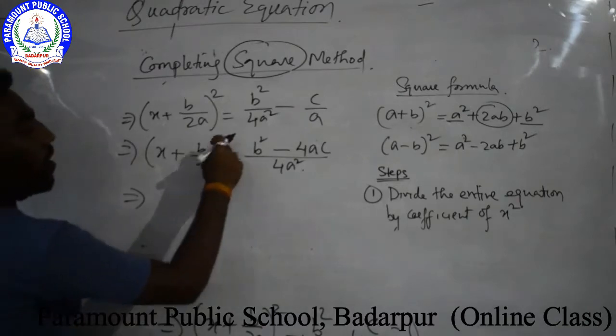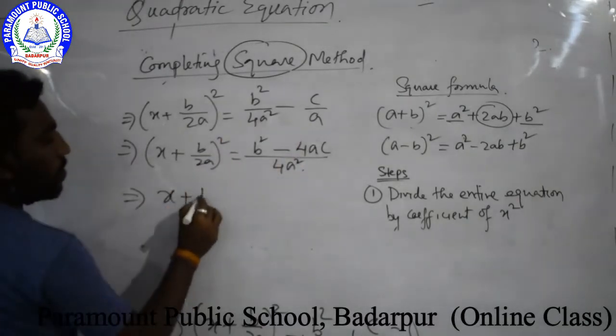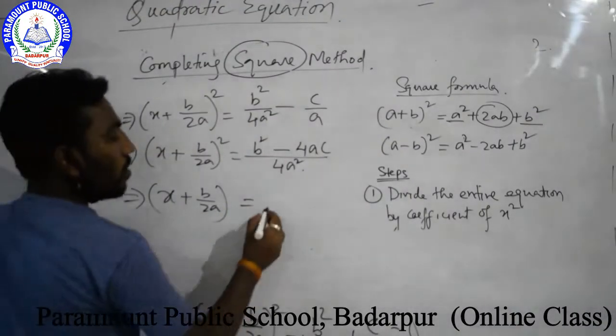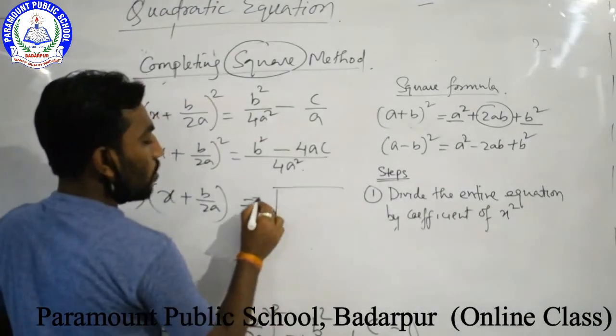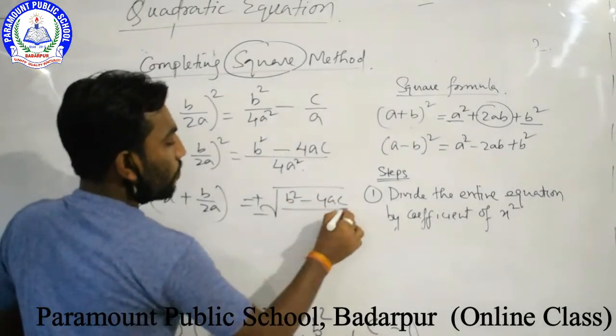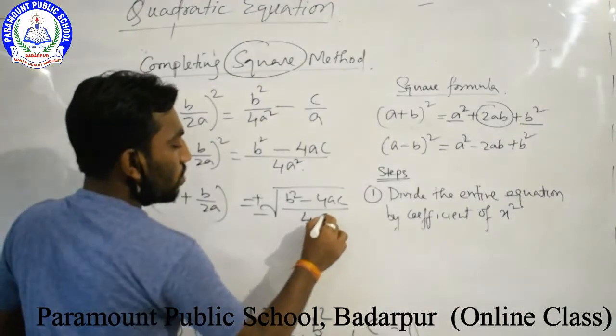Now take out this square and take it that side. If you take out square, it goes that side and it becomes square root. So it will become square root of b square minus 4ac by 4a square.